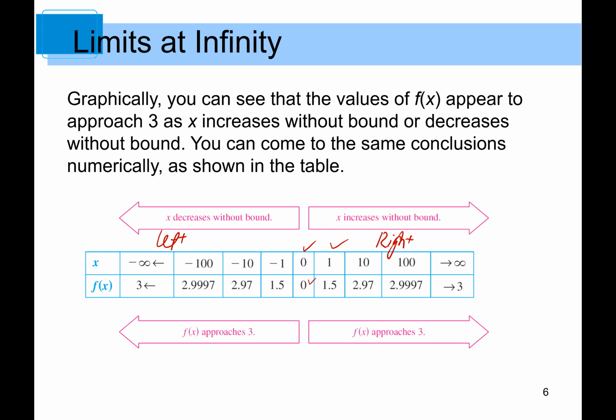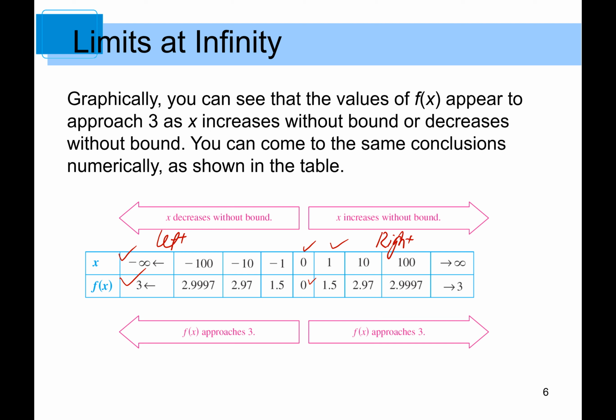When x equals negative 1, y value becomes 1.5. When x equals negative 10, y becomes 2.97. When x becomes negative 100, then y value becomes 2.9997. And as you can see, it is just getting closer and closer to 3. That means when x approaches negative infinity, y value approaches 3.